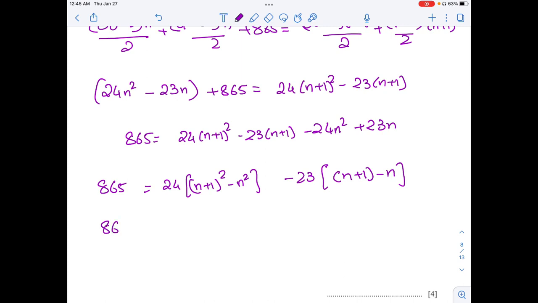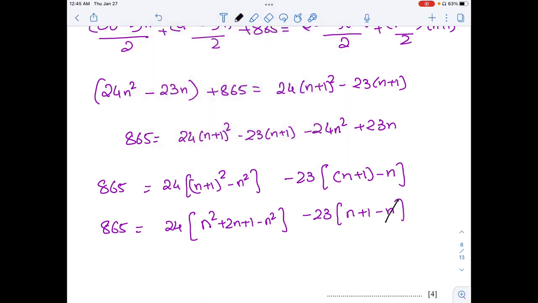So 865 is equal to 24 times, (a+b) whole square is a square plus 2ab plus b square, so (n+1) square minus n square, minus 23 times (n+1 minus n).